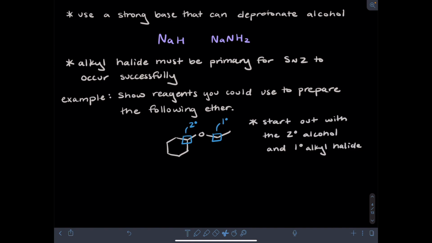For the synthesis to be efficient and high-yielding, I want the primary substituted group to be the alkyl halide, and then I will use a secondary alcohol as my starting material.